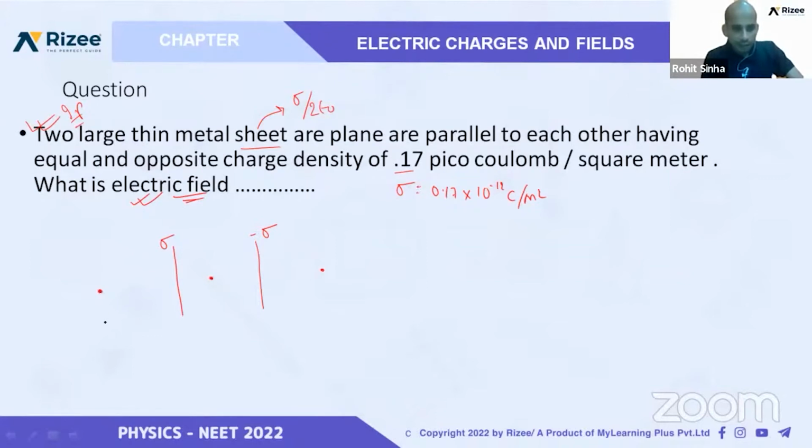There are three regions: first, second and third. For the first region, what will happen here?